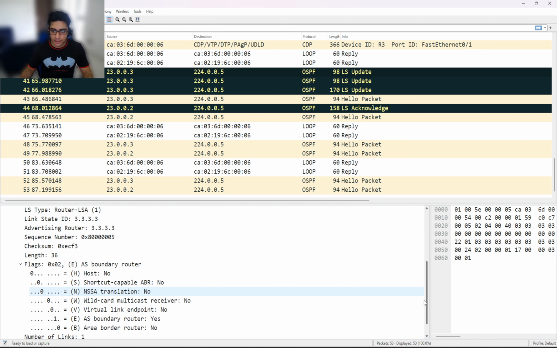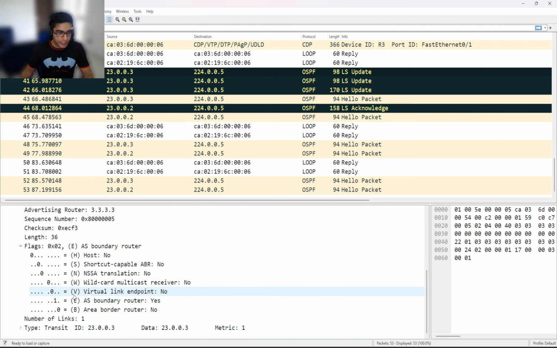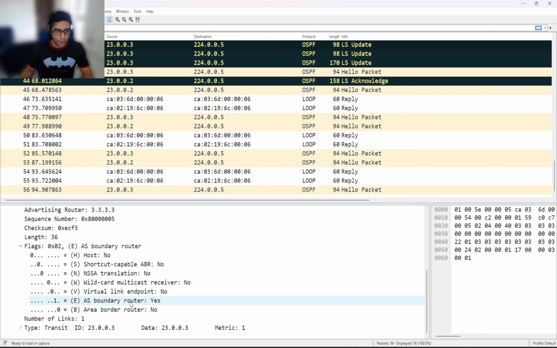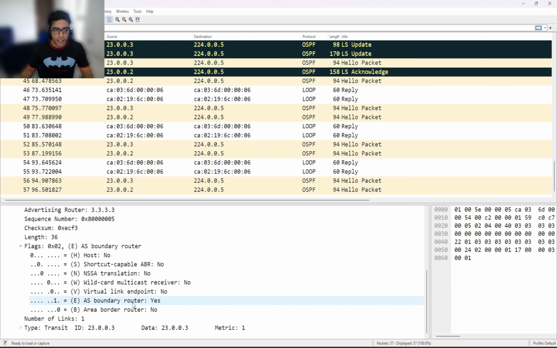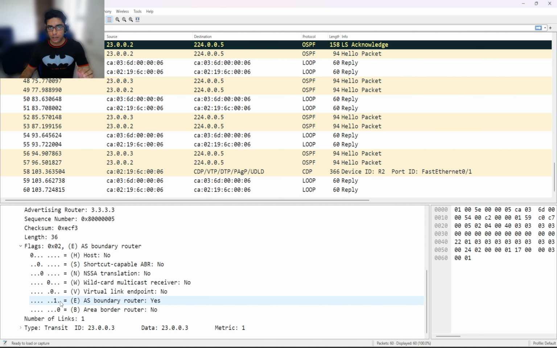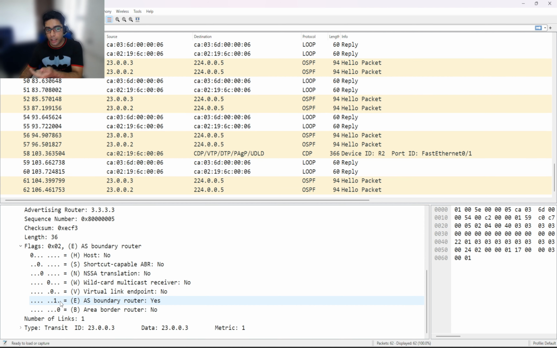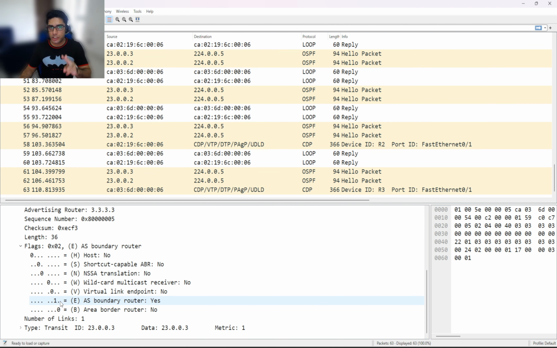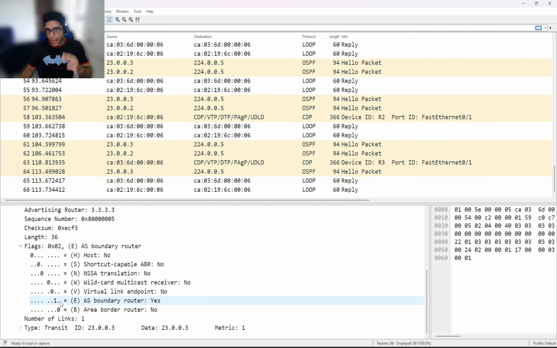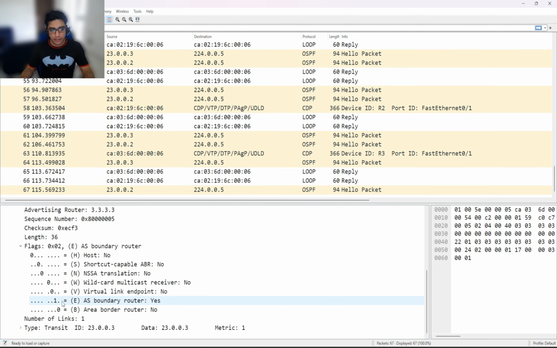It has a flag set, and the flag set is E bit AS boundary router, ASBR router, and it says yes, and the value is 1. So whenever a router becomes an ASBR, it becomes an ASBR only when it redistributes the external route. The moment it redistributes, it will generate a type 5 LSA as well as a type 1 LSA saying that it has become the ASBR.